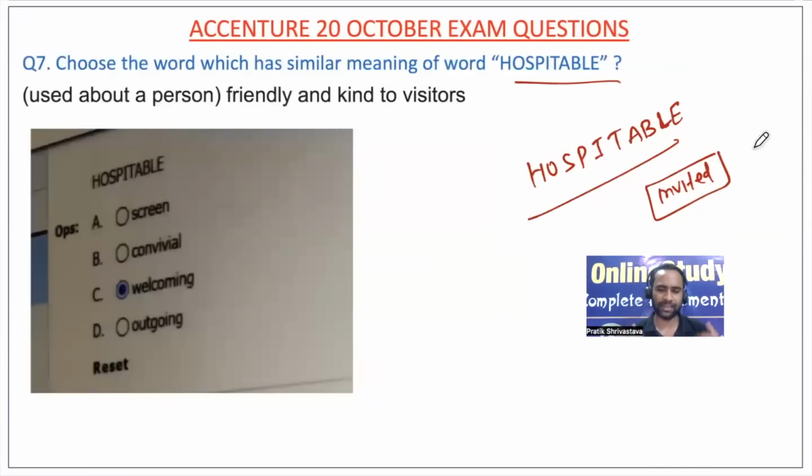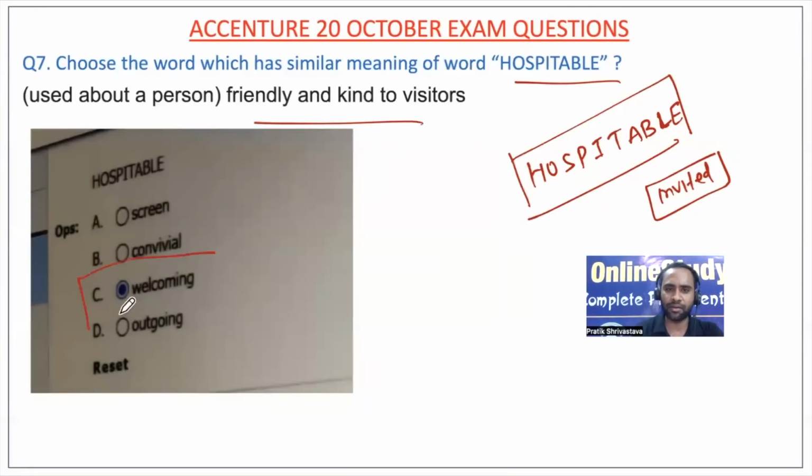Once you go, they might give you some juice or welcome drinks, right? So that kind of thing comes under hospitable. That means friendly and kind to visitors. So if you're a visitor somewhere, then you can find a friendly or kind environment and people over there. Choose a similar meaning, that means synonyms. So that will be nothing but welcoming.